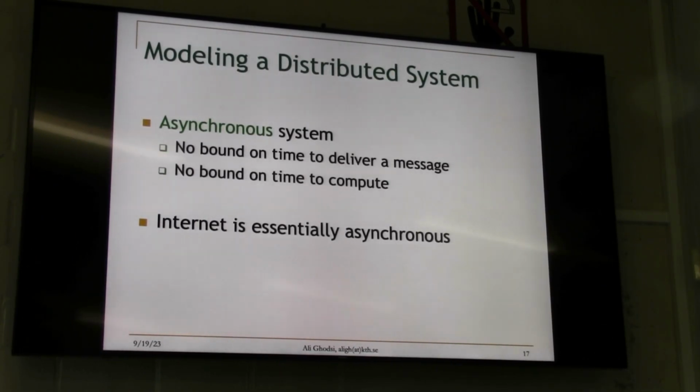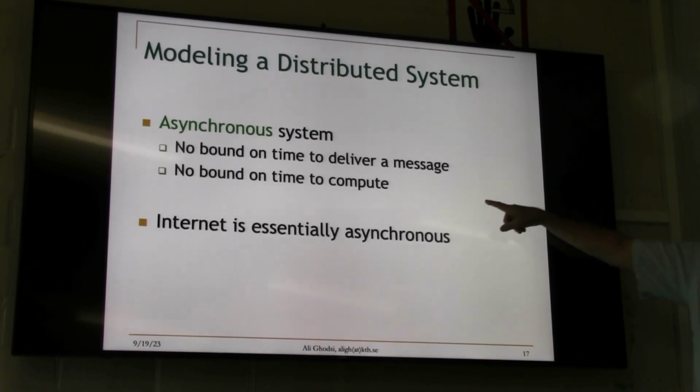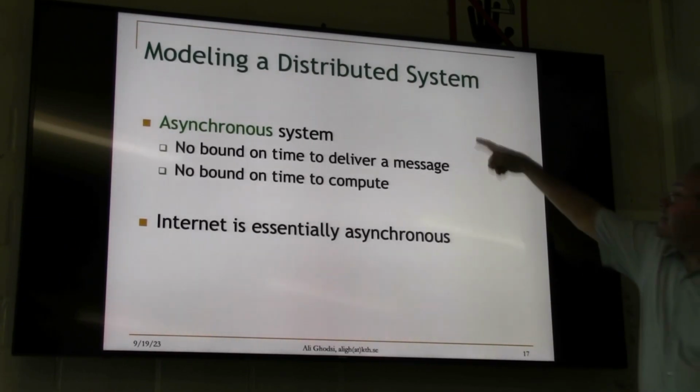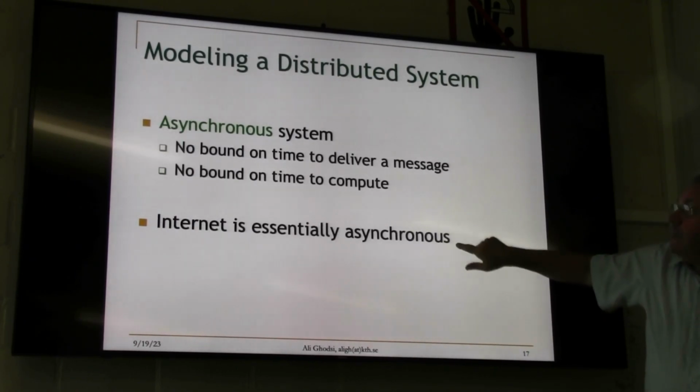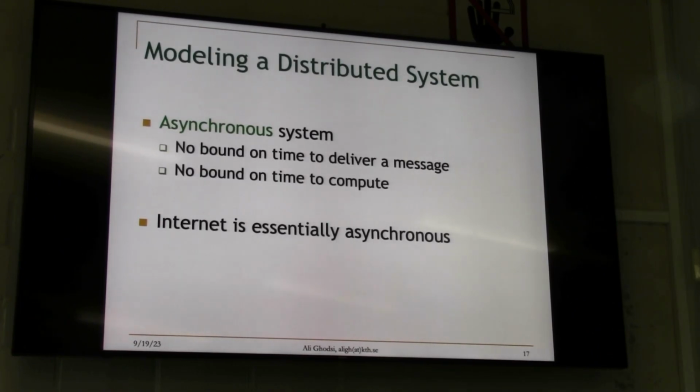It tries to do it as best as it can, but it all depends. This is the very first kind of distributed system, the asynchronous system, and it's the worst one. If you want to write an algorithm on top of this, you're screwed, in a sense. If the internet were really like this, we would be royally screwed. Then we wouldn't be able to do anything. The internet is sort of like this, but luckily it's not completely like that, as we will see. So we're kind of saved by the bell.